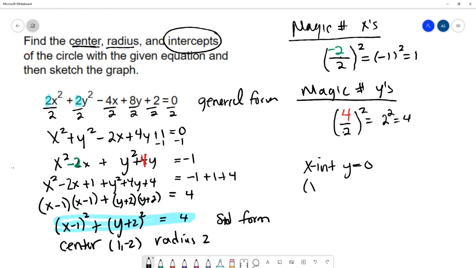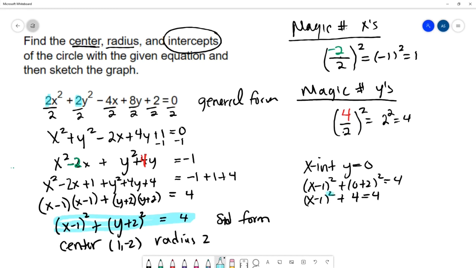This gives me x minus 1 squared plus 0 plus 2 squared equals 4. This will simplify to be x minus 1 squared plus 0 plus 2 is 2. 2 squared is 4. We want to solve this equation by isolating the square.